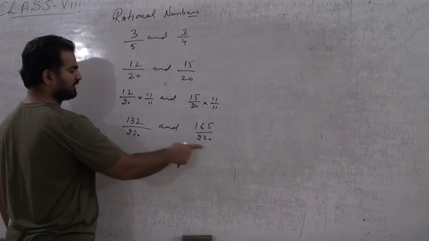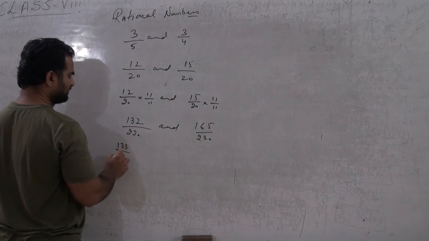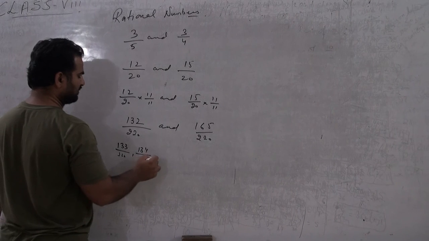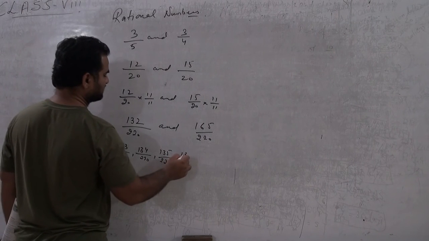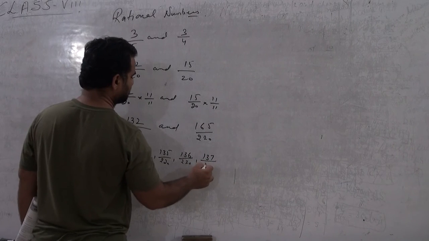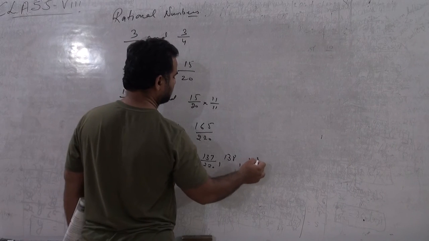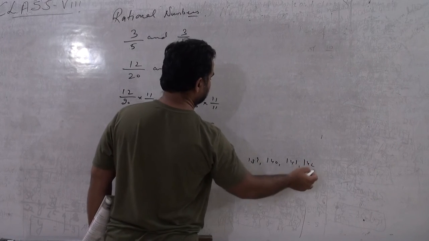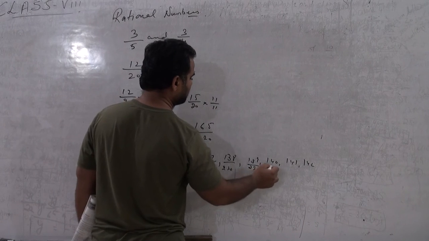Can we find 10 rational numbers between them? Yes. It will be 133 upon 220, 134 upon 220, 135 upon 220, 136, 137, 138, 139, 140, 141, 142 upon 220.